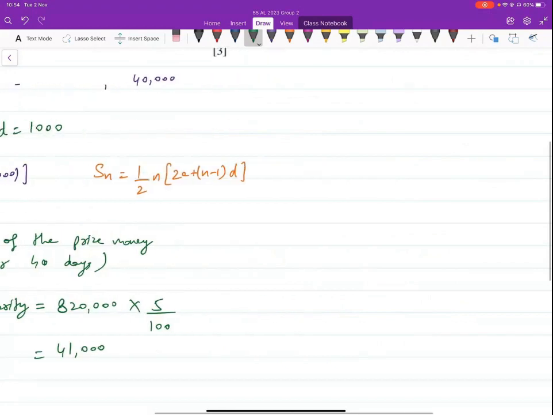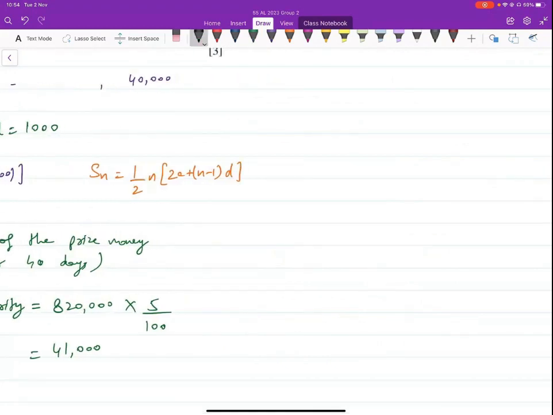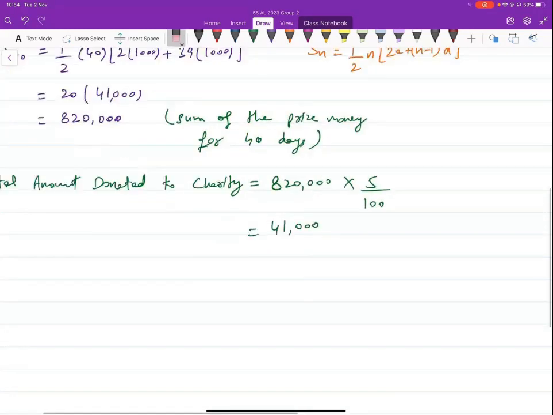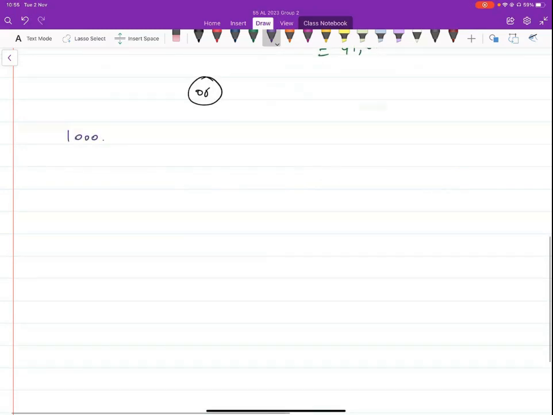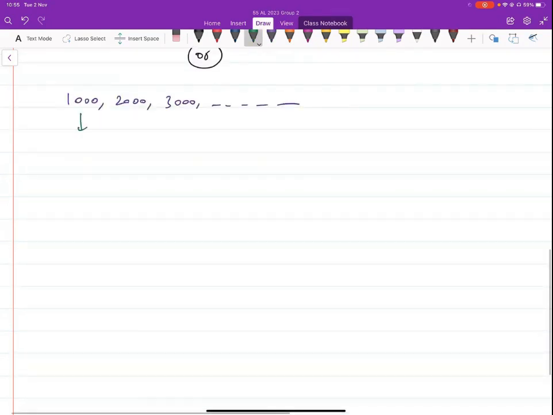Let's do it on the side here. So the sequence was 1,000, 2,000, 3,000, and so on. Charity amounts would be 5% of this, which is 50, 100, 150, and so on all the way until 40 terms.